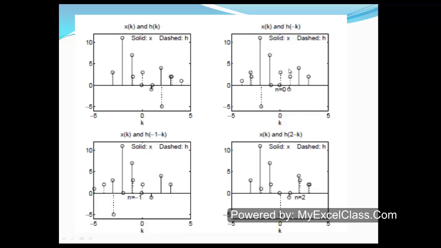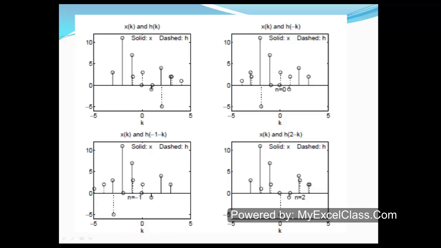With the minus k, the signals that were in positive have been folded. This part has come over here. The right hand side of the first graph has shifted towards the left hand side on the second graph. And when you subtract, you shift the signal, so it has shifted towards my left.